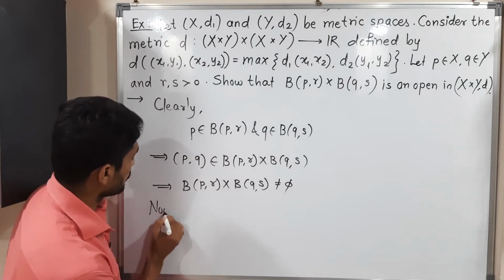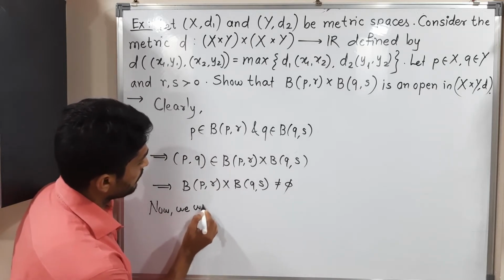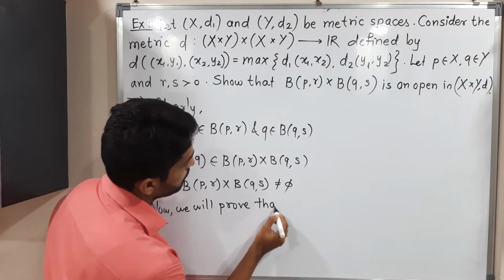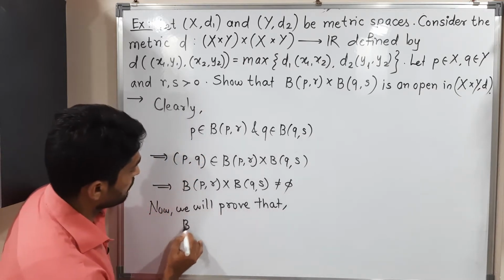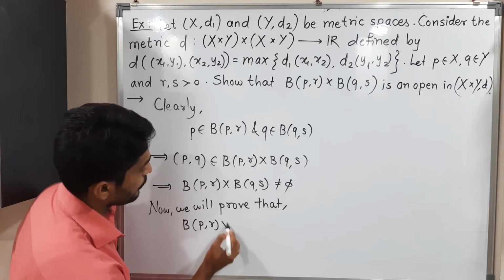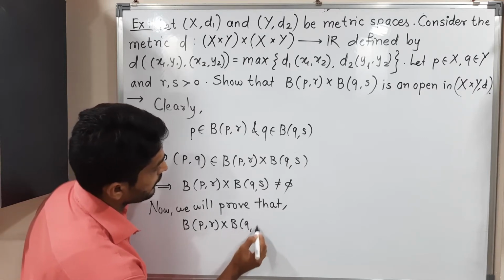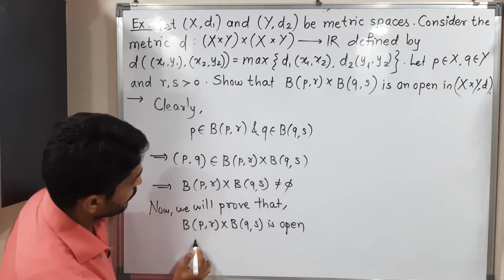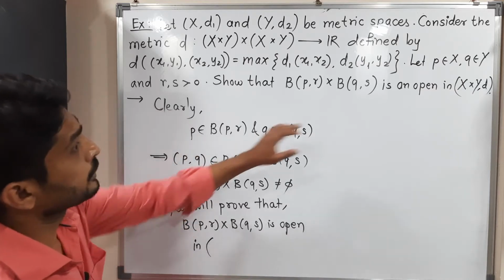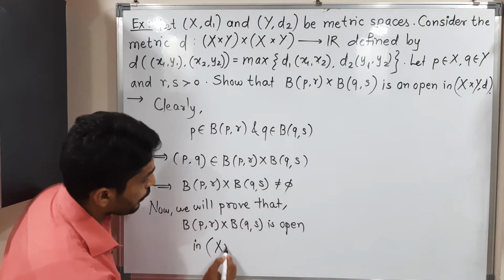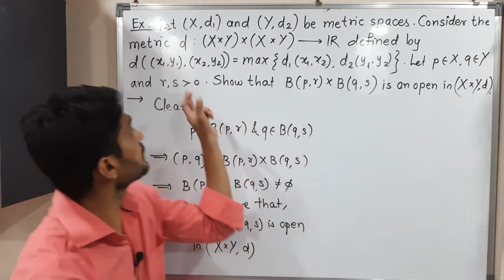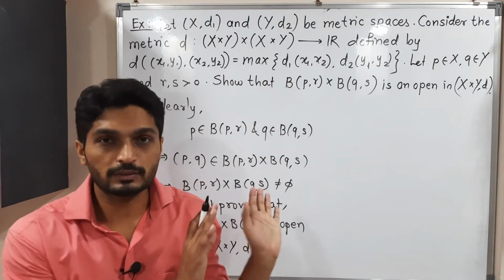Now we will prove that B(P,R) cross B(Q,S) is open in which metric? They have mentioned here, in X cross Y with metric D, that product metric D is defined in this way, using a maximum in that definition.